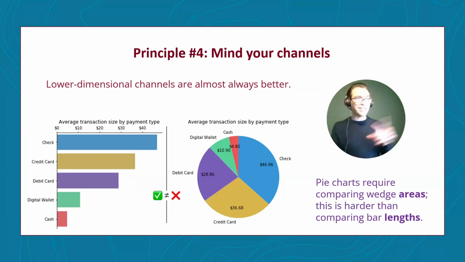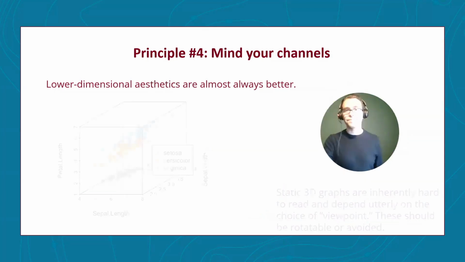If you can get down to 0D aesthetics, such as x-axis position, for example, that's going to be even more accurate still. If you instead make me compare three-dimensional dimensions like a volume, that's going to be even harder than comparing area. So this is another reason why data viz experts prefer bar charts to pie charts. The latter is going to make comparisons harder than necessary.